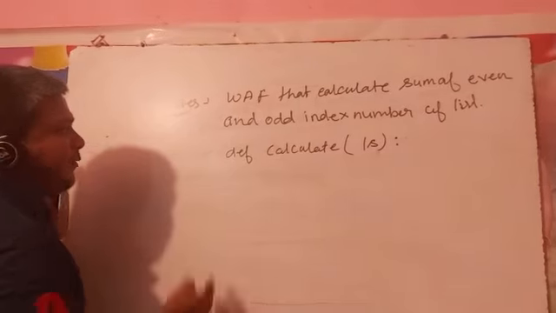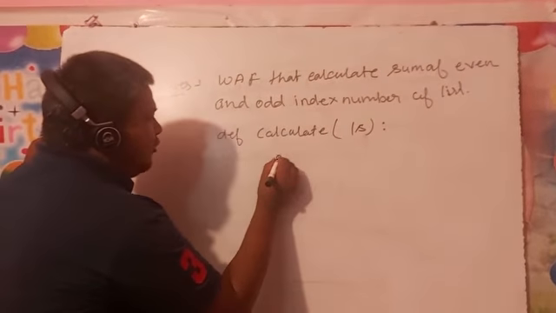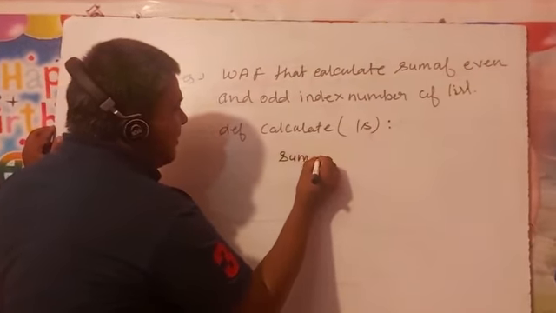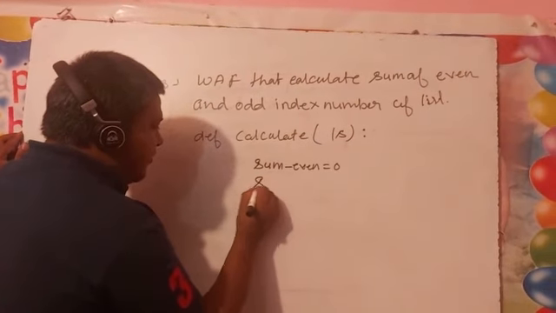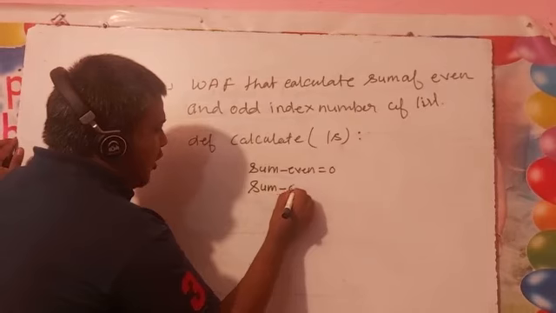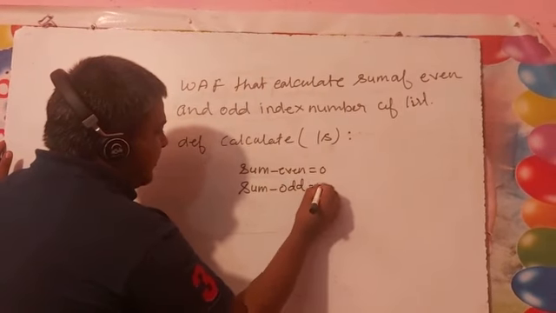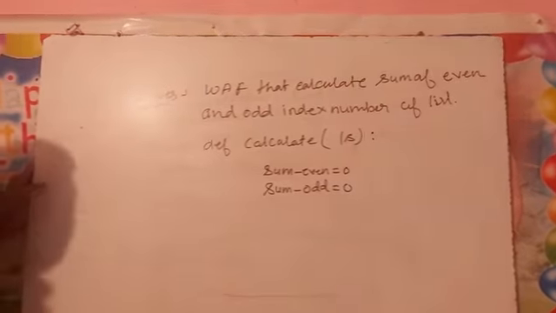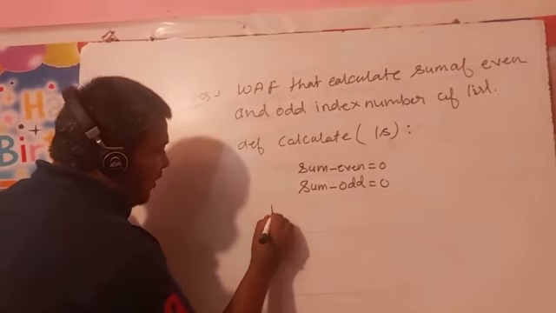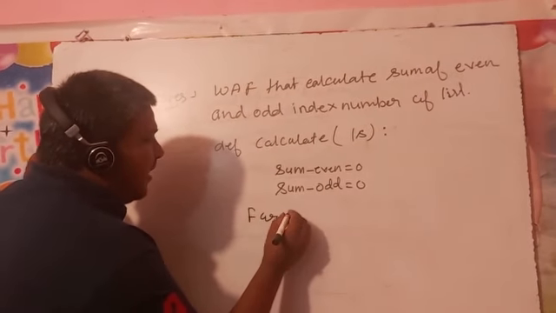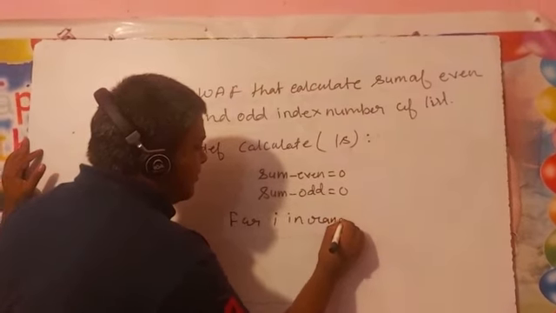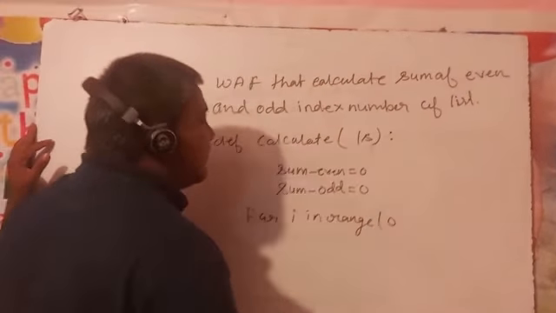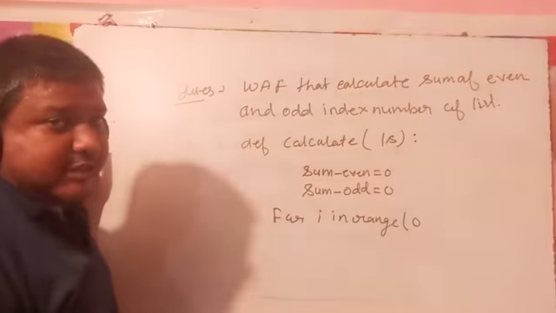And we have to find the two sums, so I will take two variables: sum_even is equal to 0, and one more variable, sum_odd is equal to 0. Now we have to run one loop for i in range. It has to start from 0 because even index always starts from 0.